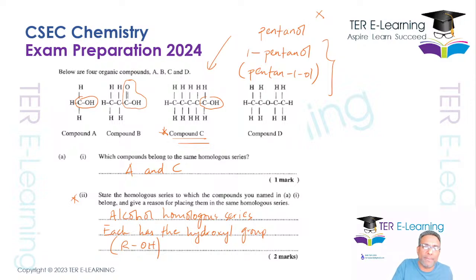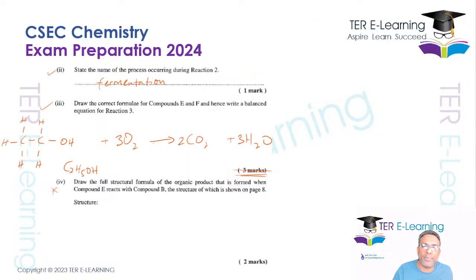Compound B is here. That's propanoic acid, and you want to react this with ethanol, right?